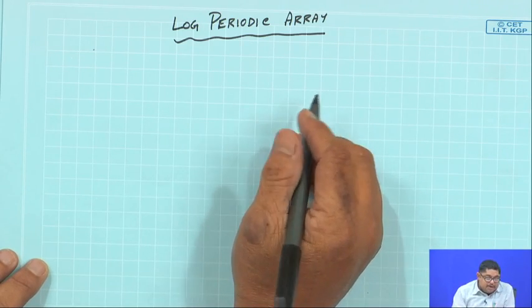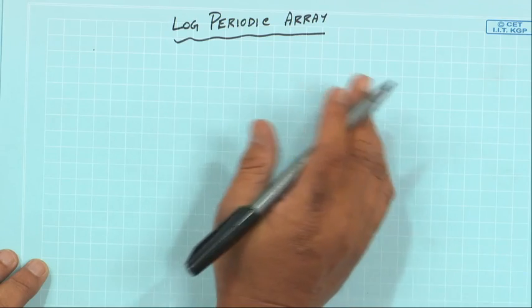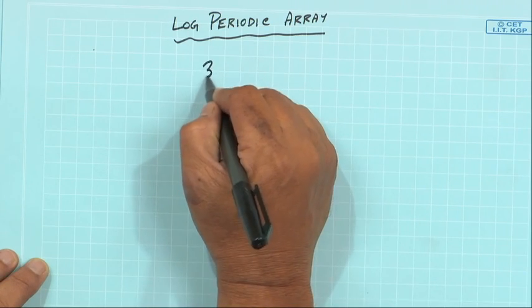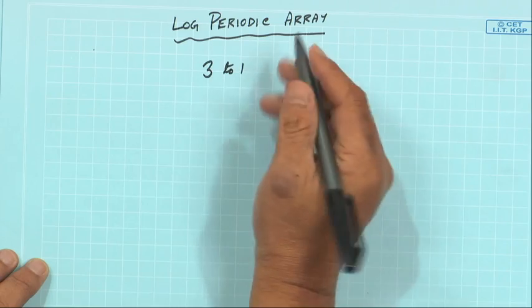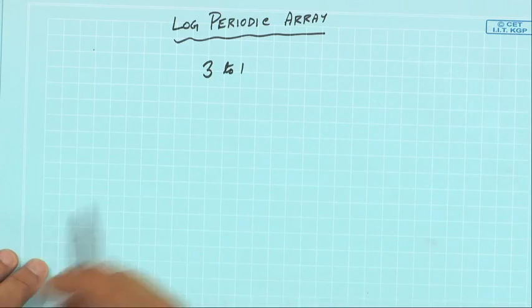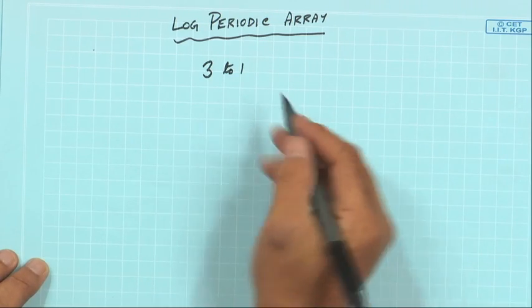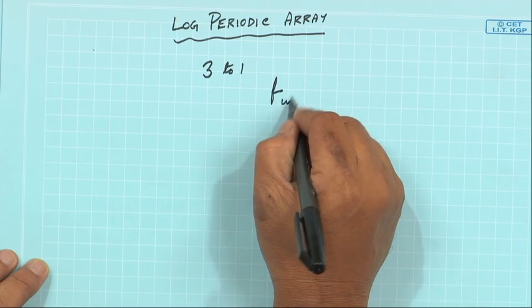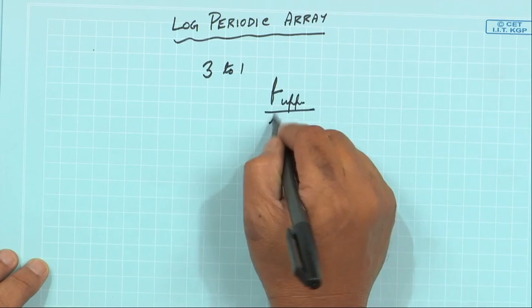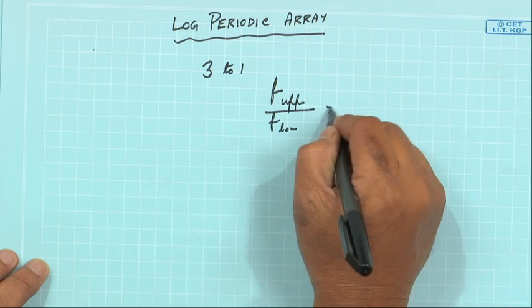They can be made to operate over a 3-to-1 frequency band. This means that the highest operating frequency and the lowest operating frequency, f upper by f lower, is 3.